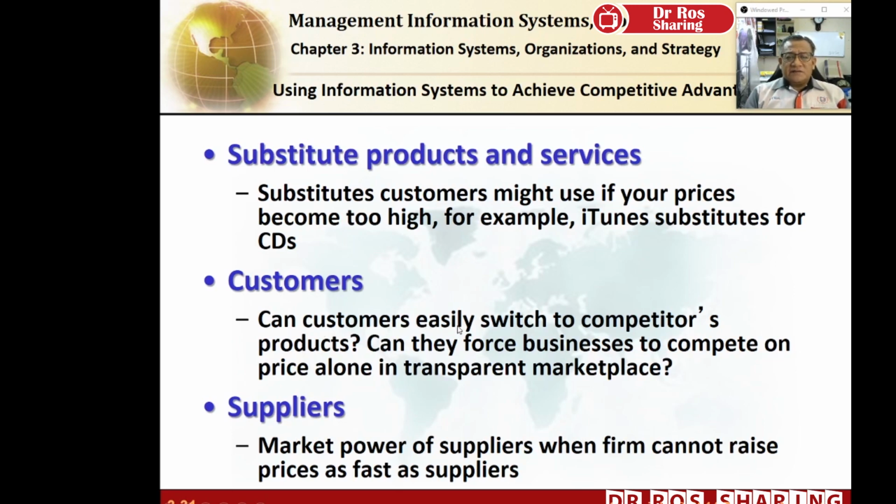Okay, the next force is the customer. Customers, of course, can easily switch to competitors' products. They can easily change from Malaysia Airlines to perhaps Singapore Airlines or Emirates, right? Because there is no contractual bonding between them. Basically, customers choose Malaysia Airlines because of their preference, simply their choice, right?